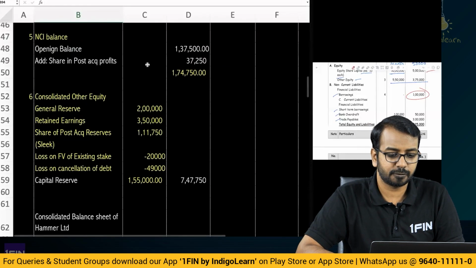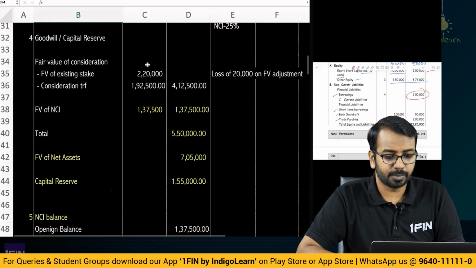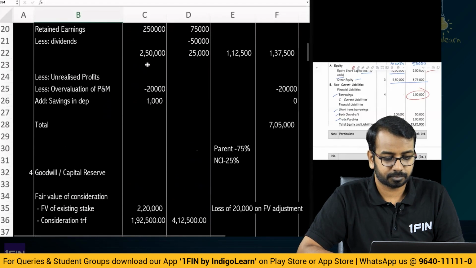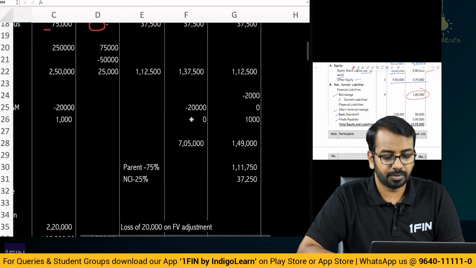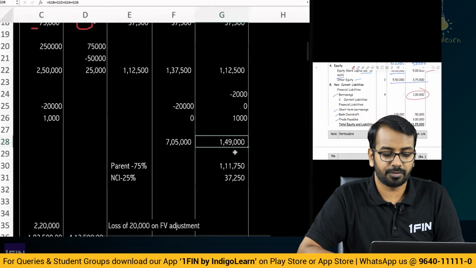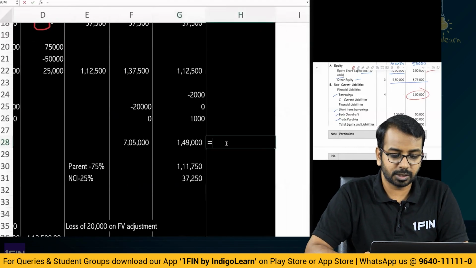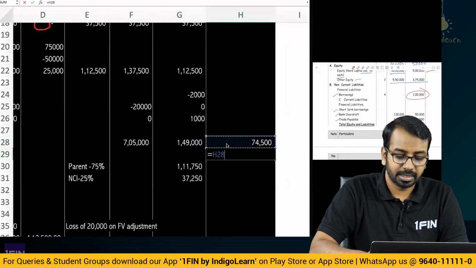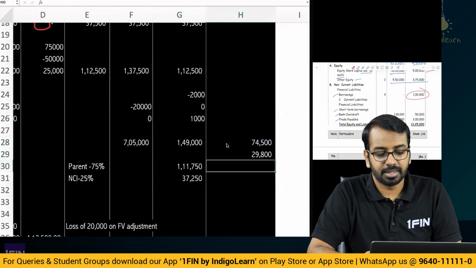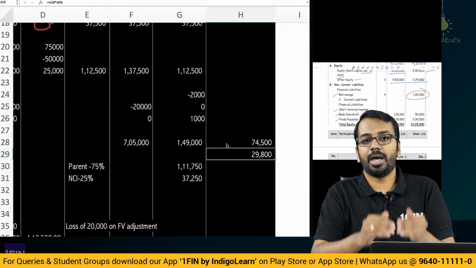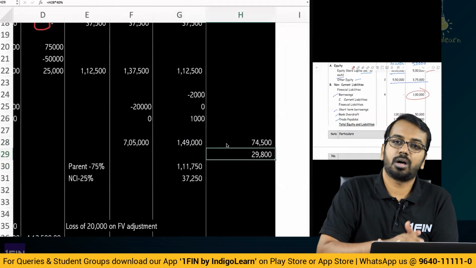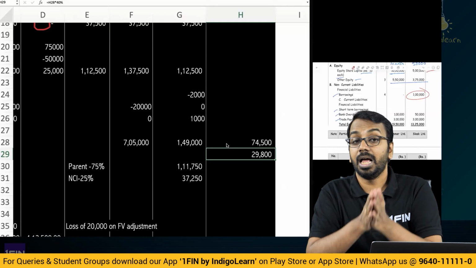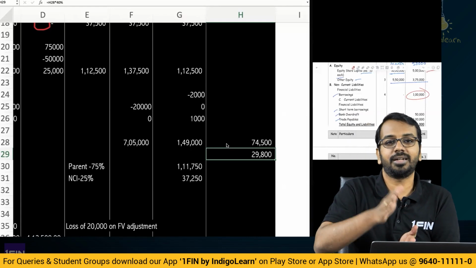Then what would have happened is, the 6 months of post acquisition, we had 1,49,000 of post acquisition profit, right. Out of this 6 months, that is 1,49,000 divided by 2, 74,500, this multiplied by 40%, 29,800 would have been added to consolidated P&L and also to consolidated investments.